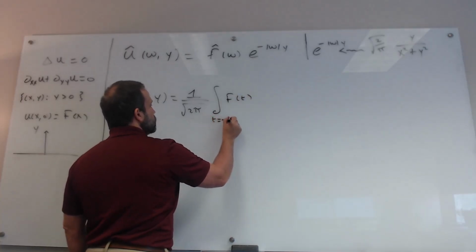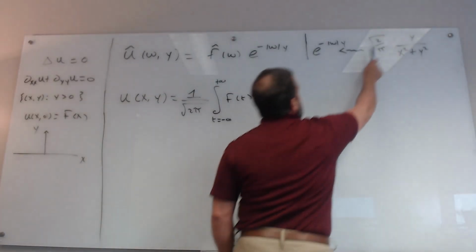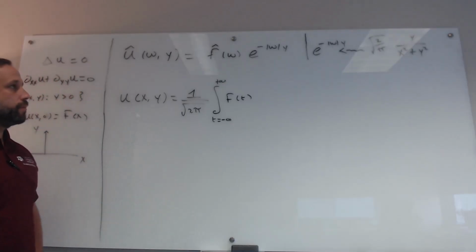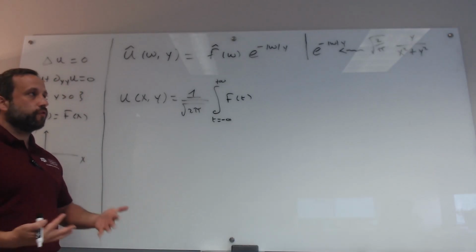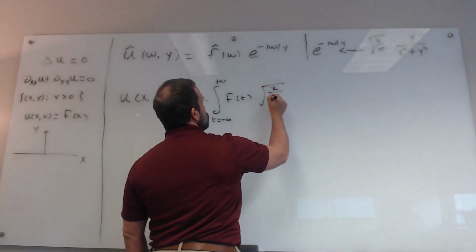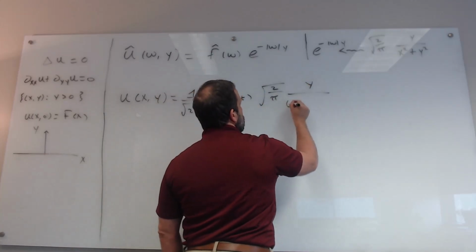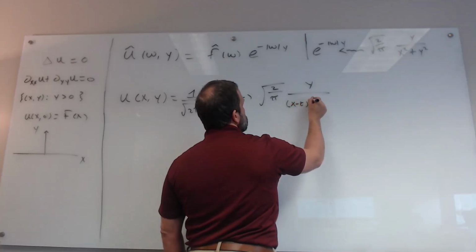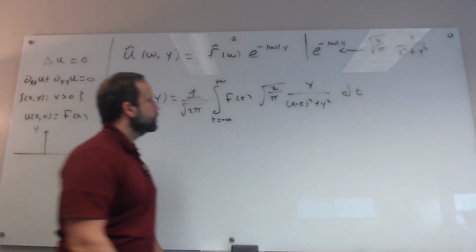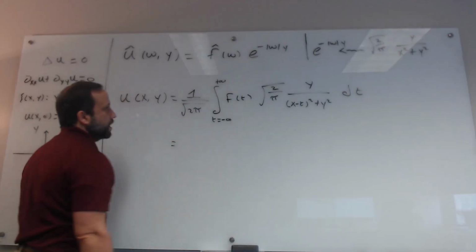So we look at t going from minus infinity to positive infinity, and now over in this function, wherever I see an x, I'm going to put an x minus t. Because remember, we're doing the Fourier transform, and therefore the convolution, in the x variable. So this is going to be the square root of 2 over pi times y over x minus t squared plus y squared dt. I'm going to move this square root of 2 over pi to the outside of the integral.